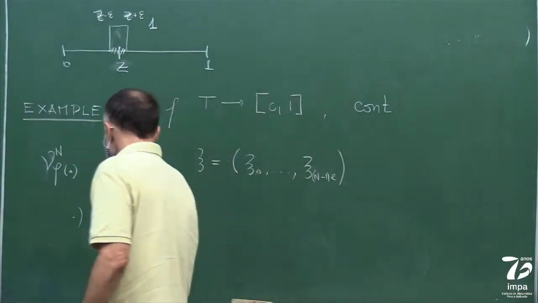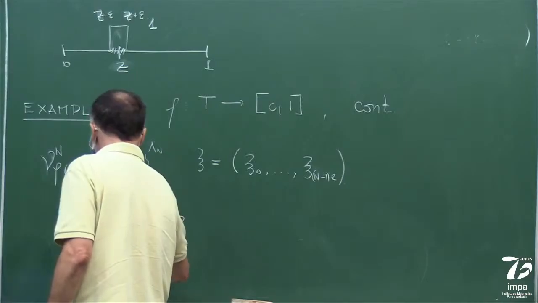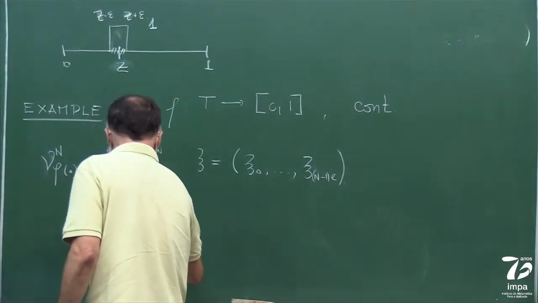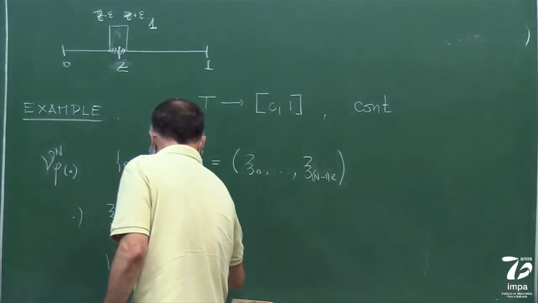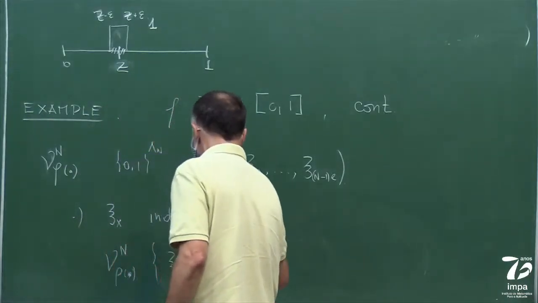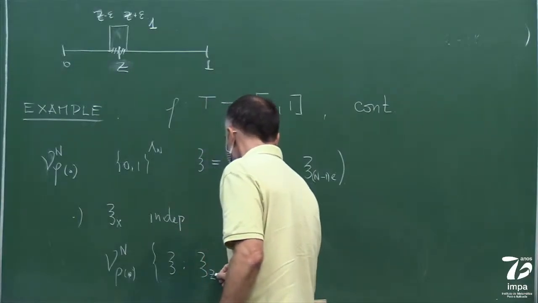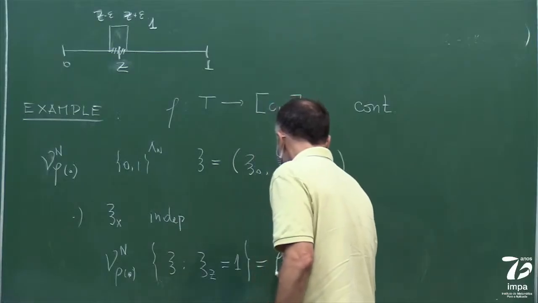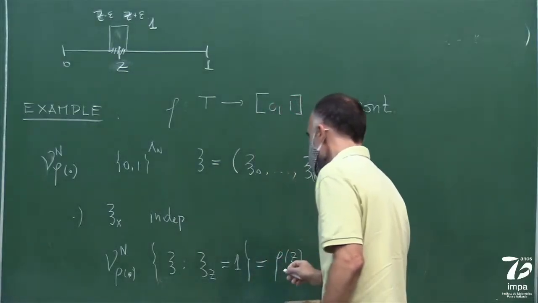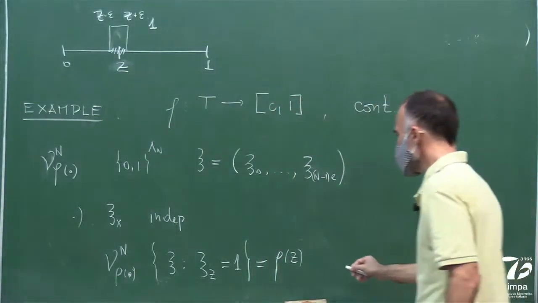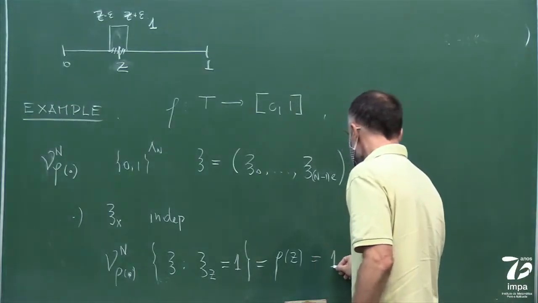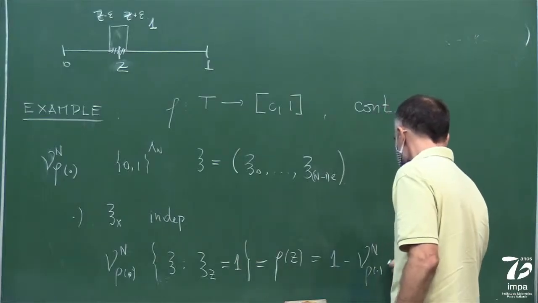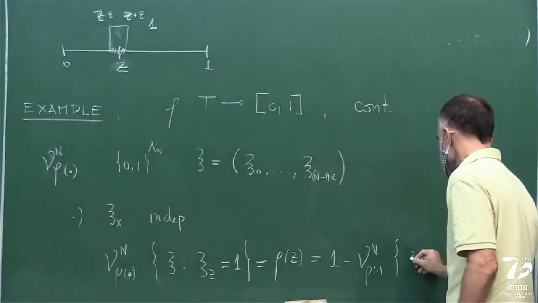So the probability under this measure that xi(z) will take the value 1 will be rho of z. And this is 1 minus the probability that I leave that site empty.